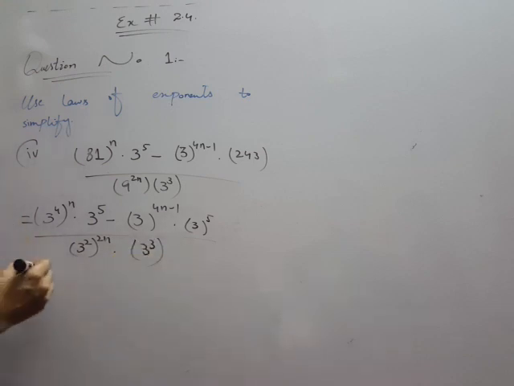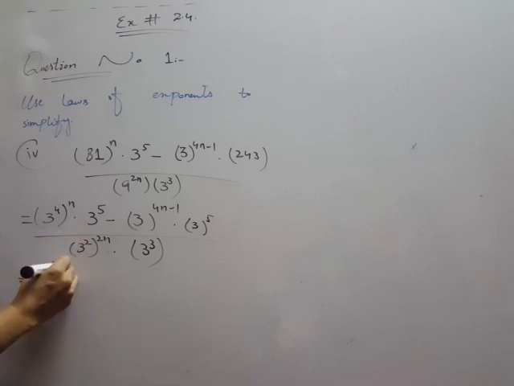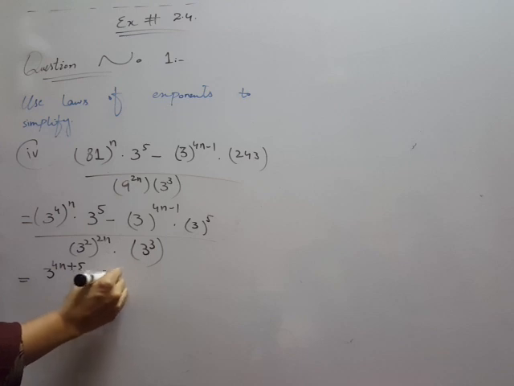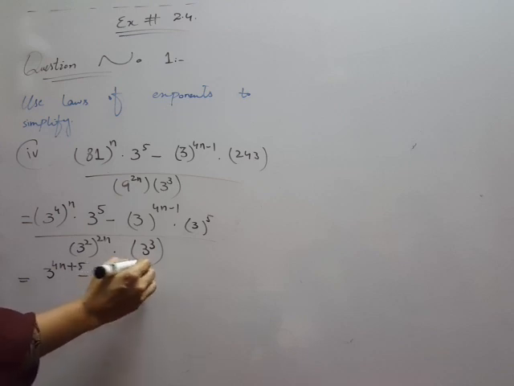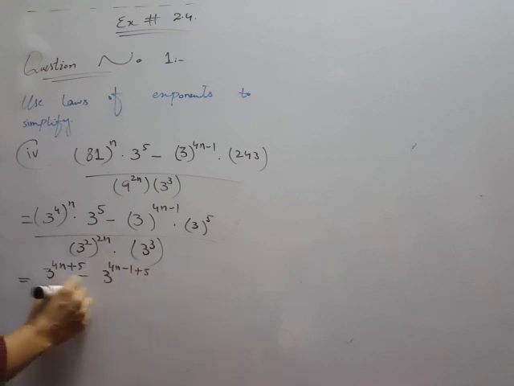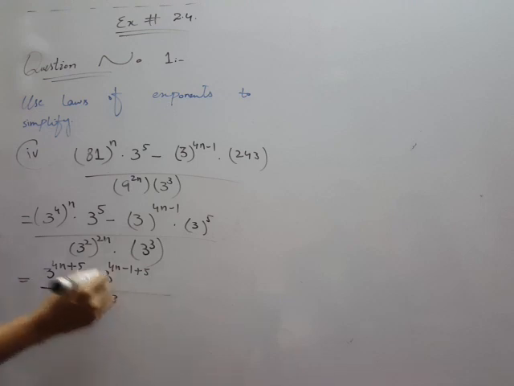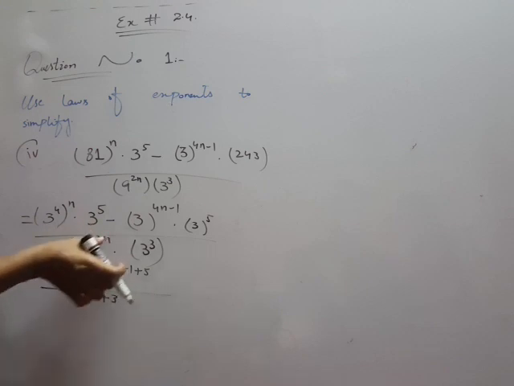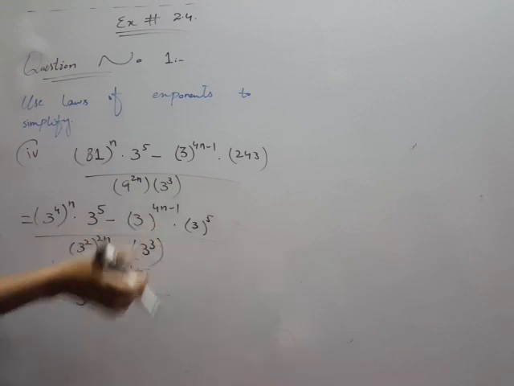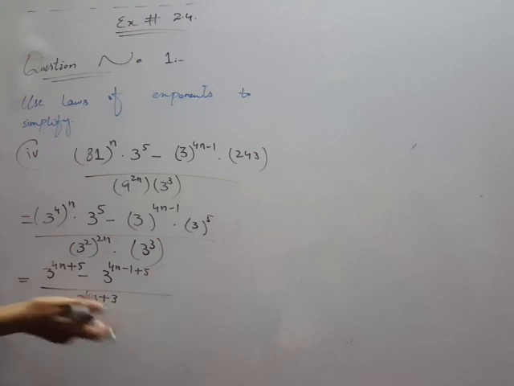So it will be equal to 3 raised to power 4n plus 5 minus 3 raised to power 4n minus 1 plus 5, divided by 3 raised to power 4n plus 3, because 2 into 2n it will become 4n and it is 3, so it will become 4n plus 3.